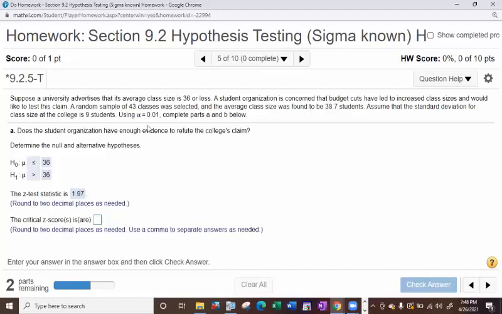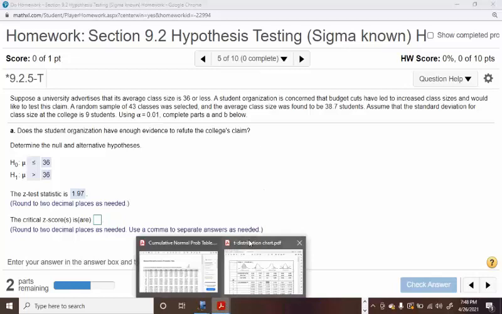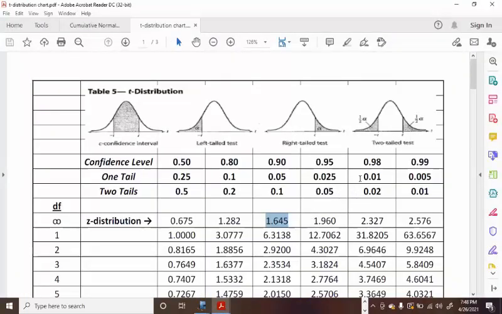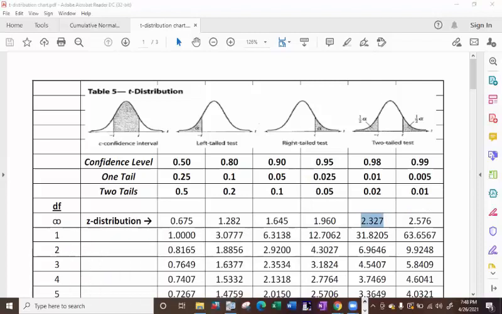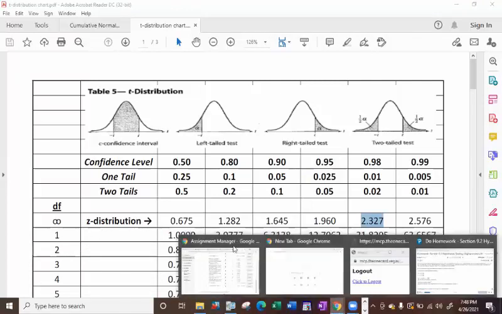Critical score, 0.01 is your alpha. Right-tailed, so it's going to be positive. Right there, 2.327. Okay.